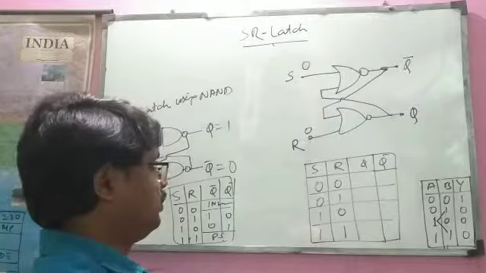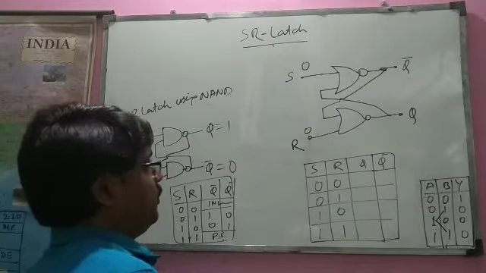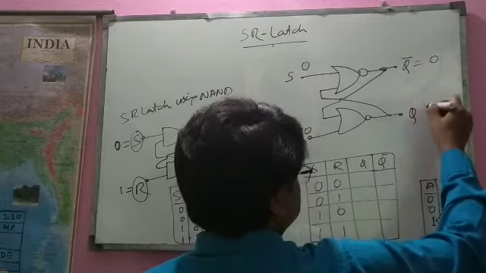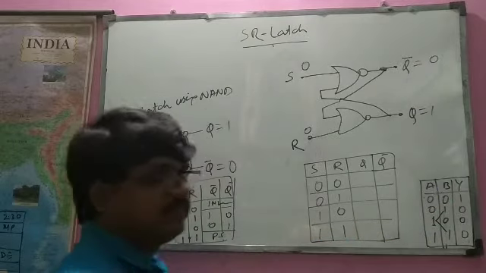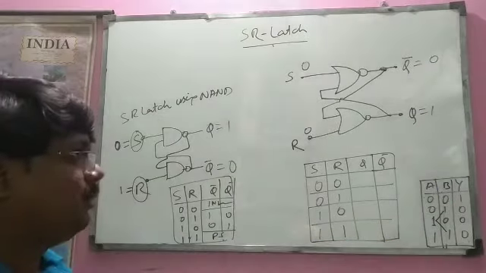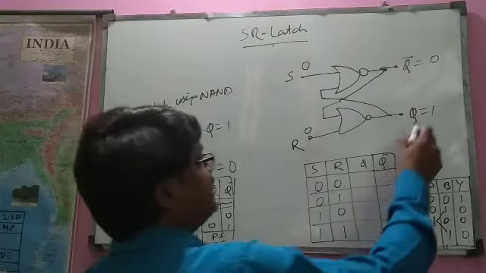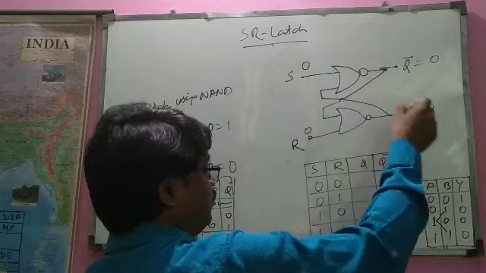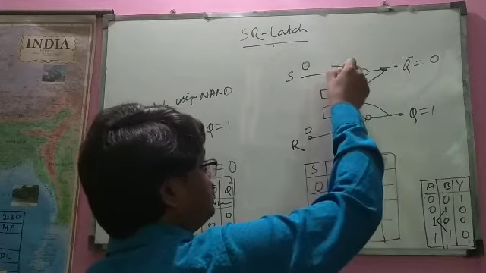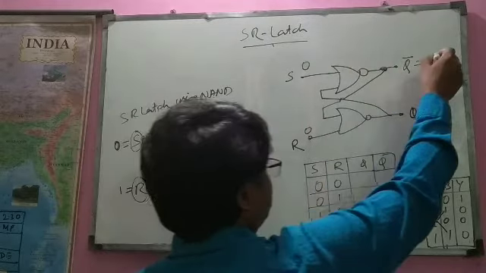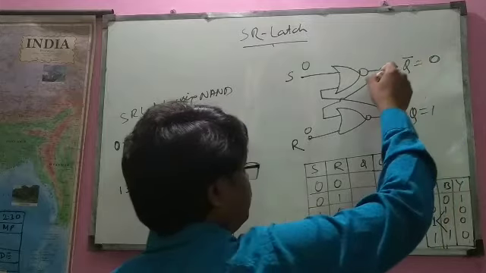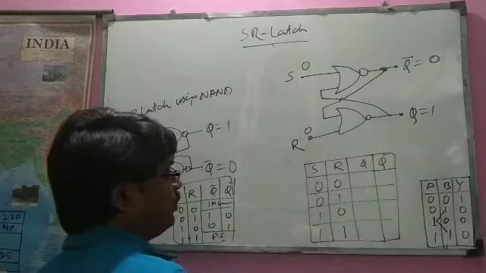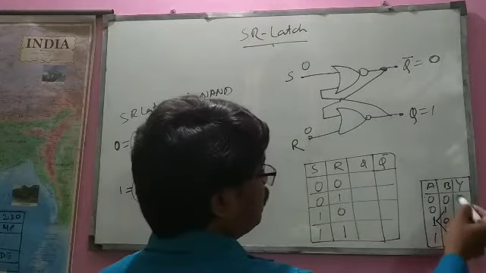So let us assume first, here 0, here it is 1. Then only we can change the input. So this is 1 and this is 0, so its output will be 0. No problem. If both the inputs are 0, the output is 1.